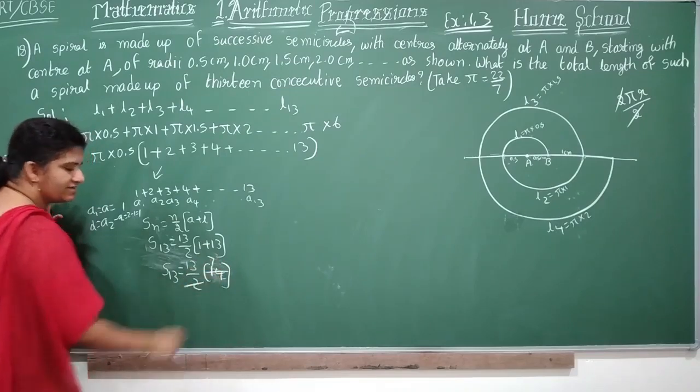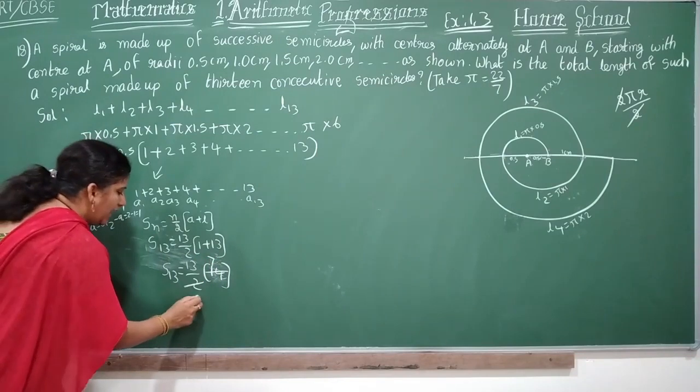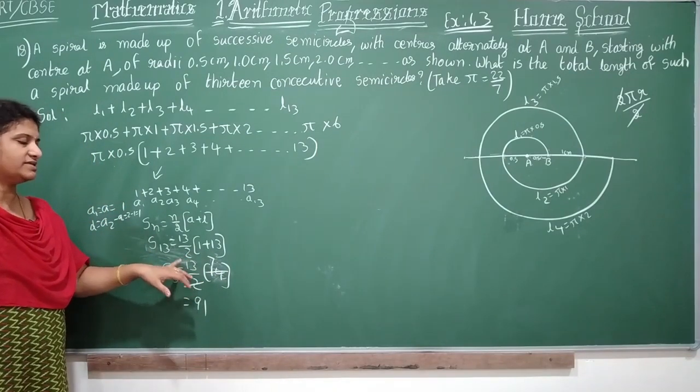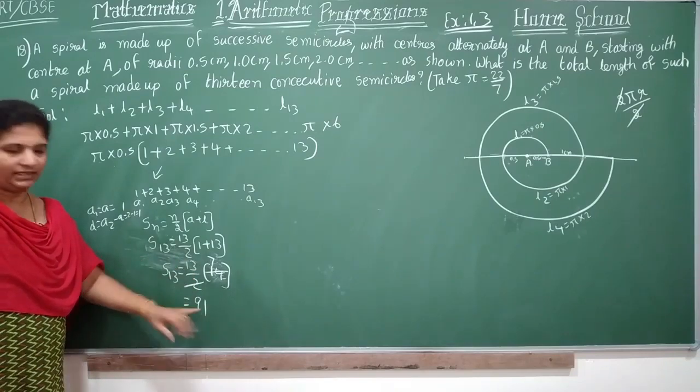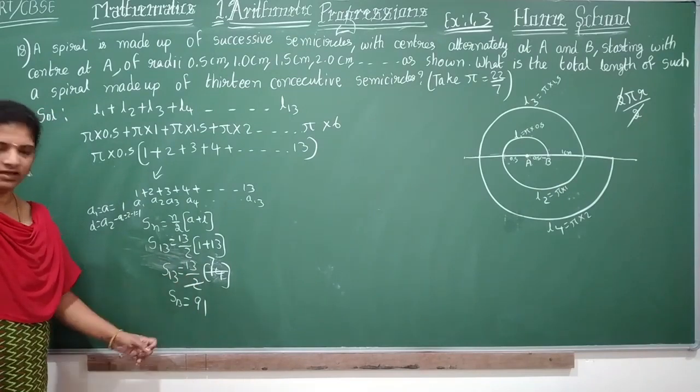So 2 sevens. Okay. 13 sevens, how much here? 91. 7 3s are 21. 7 1s are 7 plus 2, it will be 91. Or you can say directly 13 table, 13 sevens are 91.